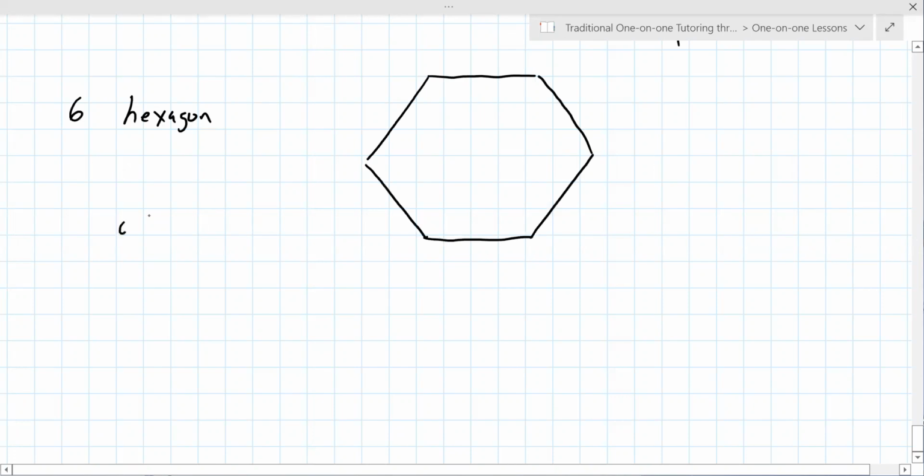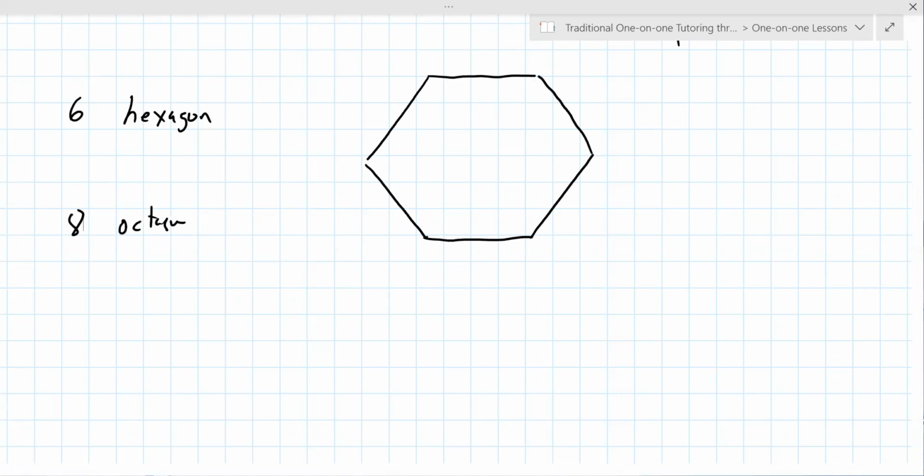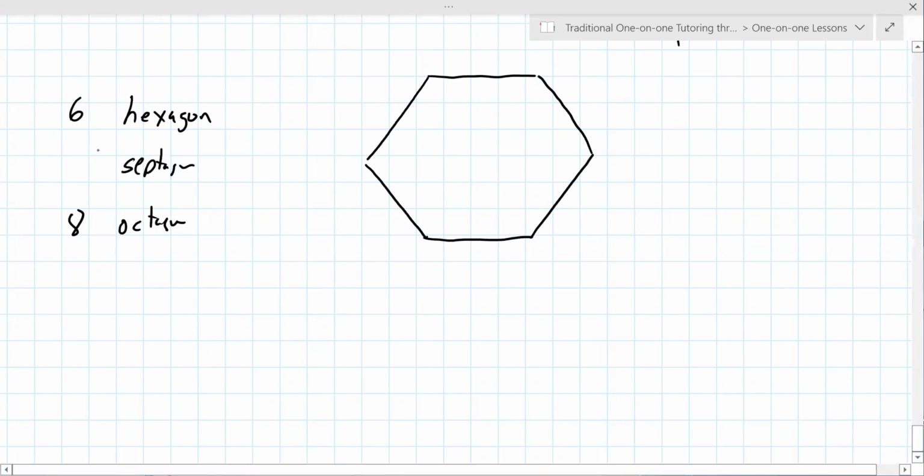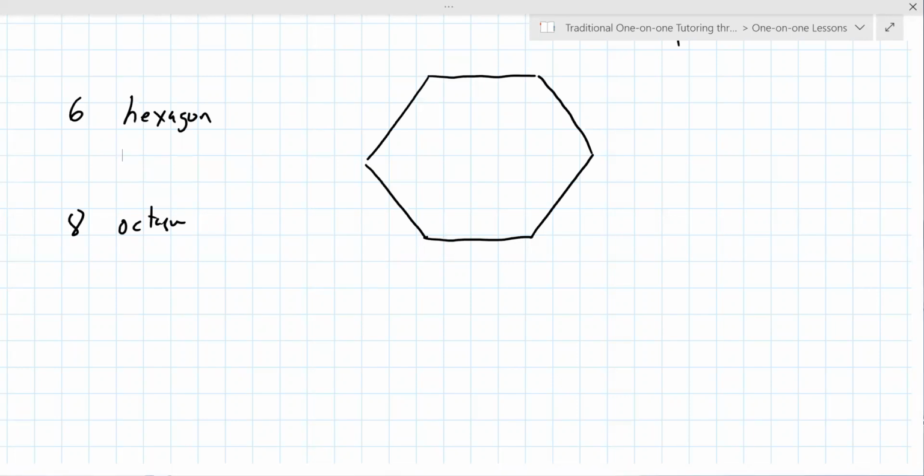An octagon is 8 sides. I think it's a septagon or heptagon. I can't remember. You may want to look those up because sometimes they will tease you in the test by throwing that word out there and you have to decide how many sides it is. So there's n equals 6 sides.